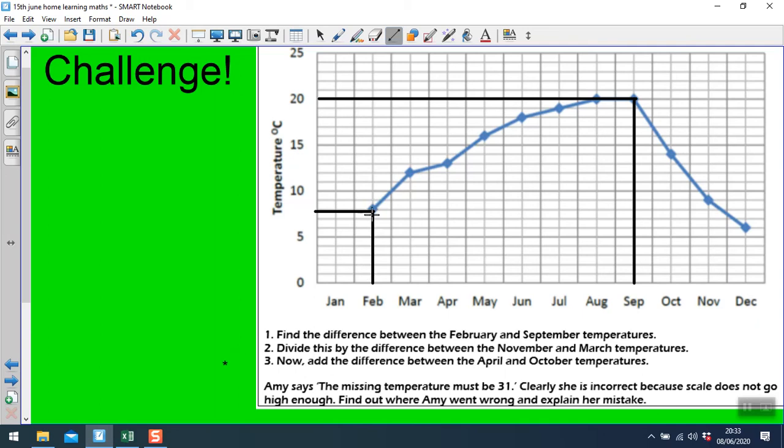So to find the difference between February and September, you've got to do a takeaway. And then you need to find November's and March and do a takeaway to find the difference. And then divide them two numbers together. Then add the difference between April and October temperatures, and that will tell you the January temperature. So pause the video while you work this out.